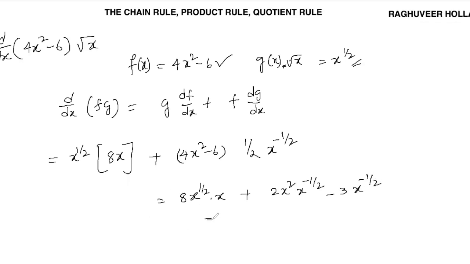Now when you solve this entirely, it is 10x root x minus 3 root x by x. So that is the final answer.